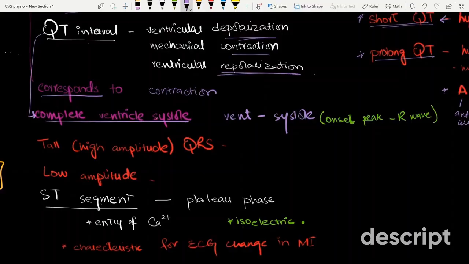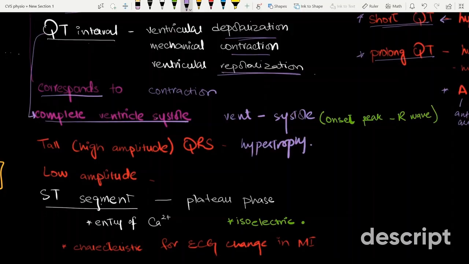Okay, now moving on to a few QRS pathologies. So, QRS, as I just told you, is when there is an electrical activity in the muscle of ventricle causing its depolarization. When there is a high amplitude of QRS, it means that there will be more electrical activity which would occur when there is more amount of muscle, which occurs in hypertrophy.